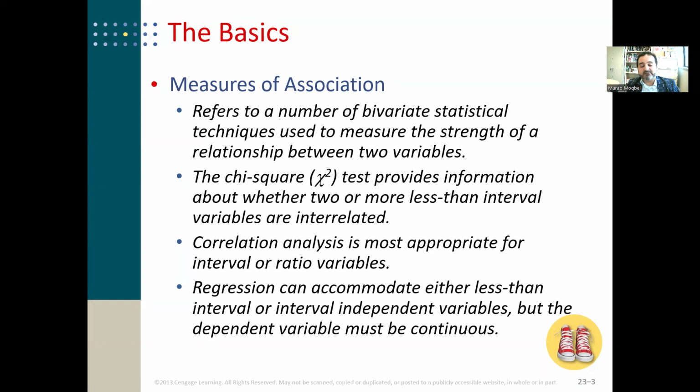Performance is the continuous variable, and gender is the binary or categorical variable. We can use regression to see the relationship between those two. We can also use some other methods, like the t-test that we talked about last week. So regression can accommodate either less than interval or interval independent variables. But for regression, the dependent variable or the outcome variable must be continuous, right?